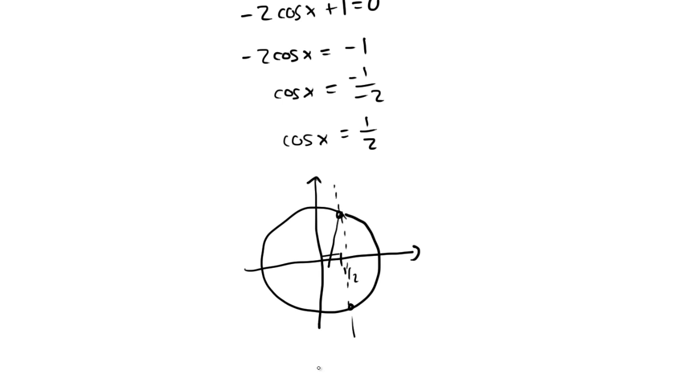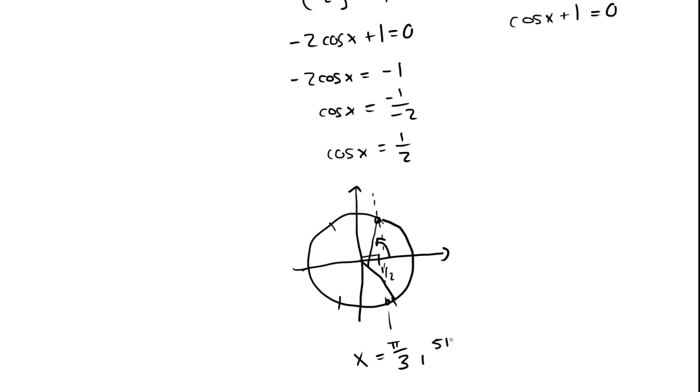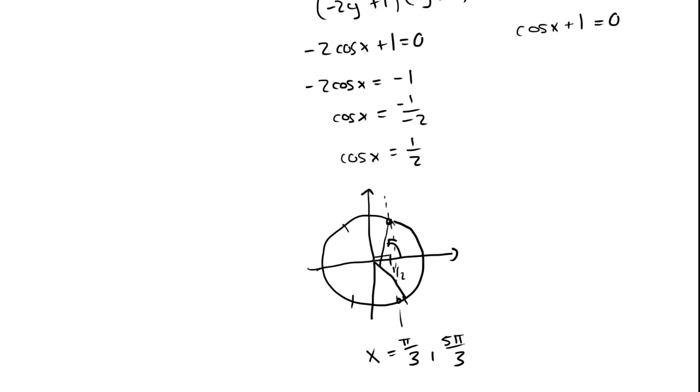Those angles are pi over 3, this one here, or when you go all the way around down to this one. So this is 2 pi over 3, 3 pi over 3, 4 pi over 3, 5 pi over 3. They're all less than 2 pi, which was our domain restriction, so these are two solutions we have.